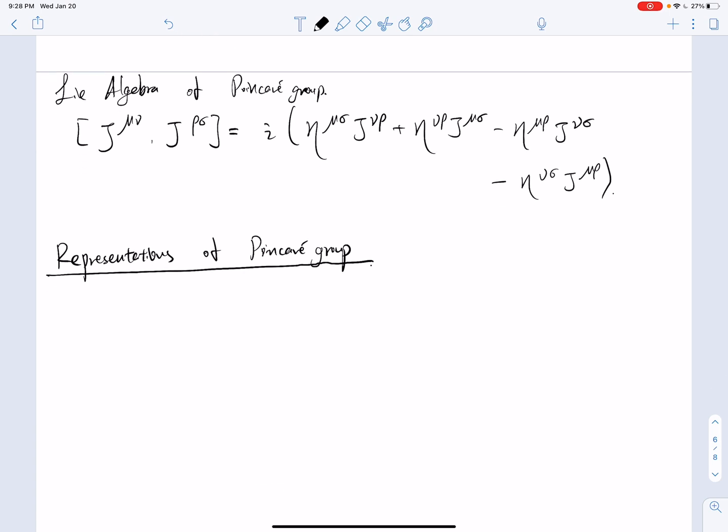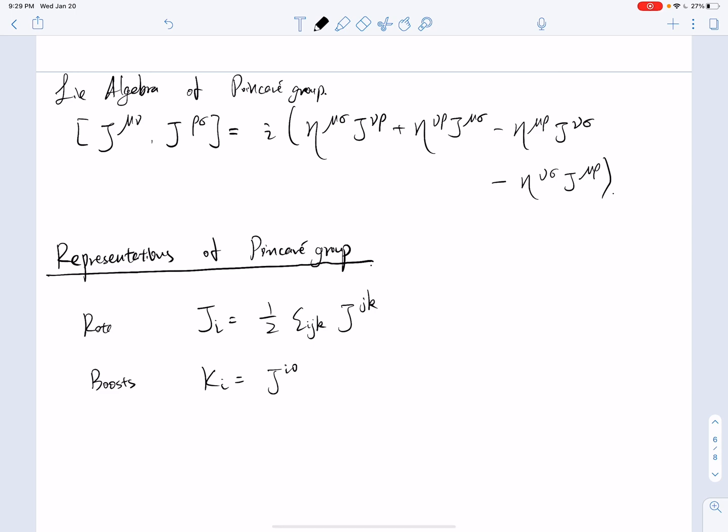Let us now redefine our generators by multiplying our rotational generators with this epsilon, and leaving our boosts unchanged.